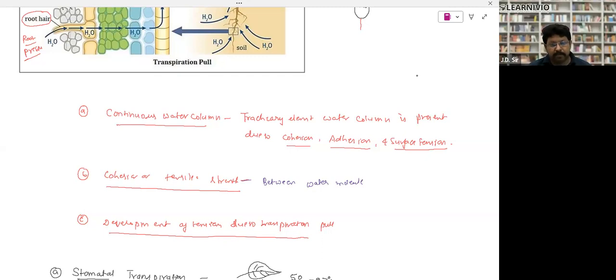The water column can bear a tension of 100 atmospheric pressure.